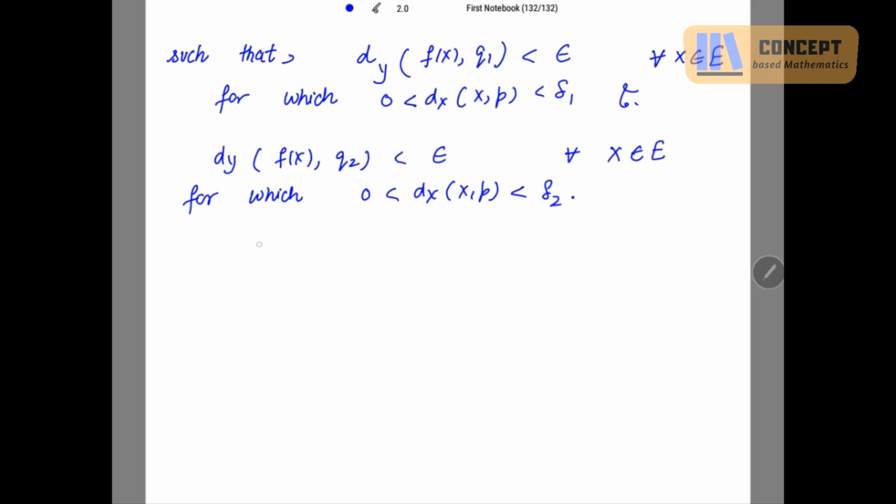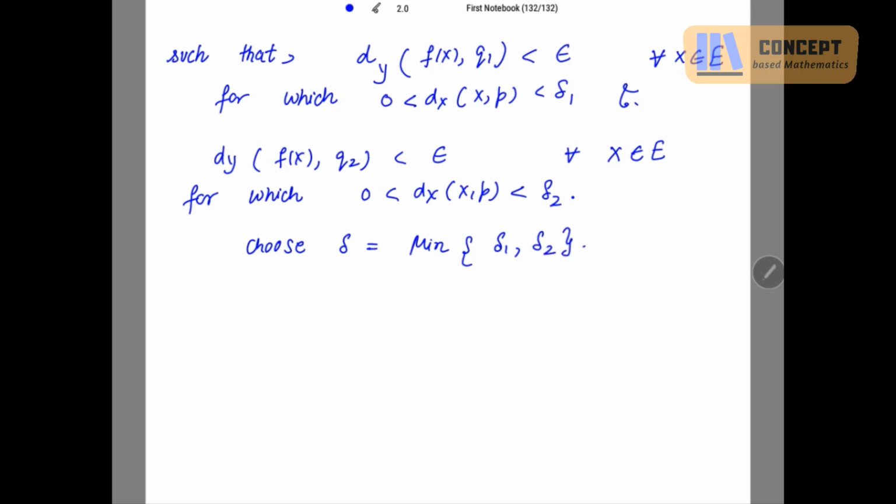Fine. I must choose delta to be the minimum of delta 1 and delta 2.